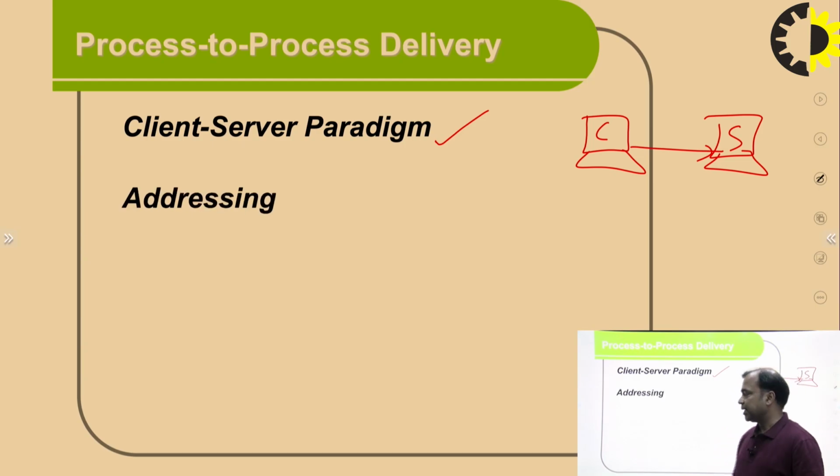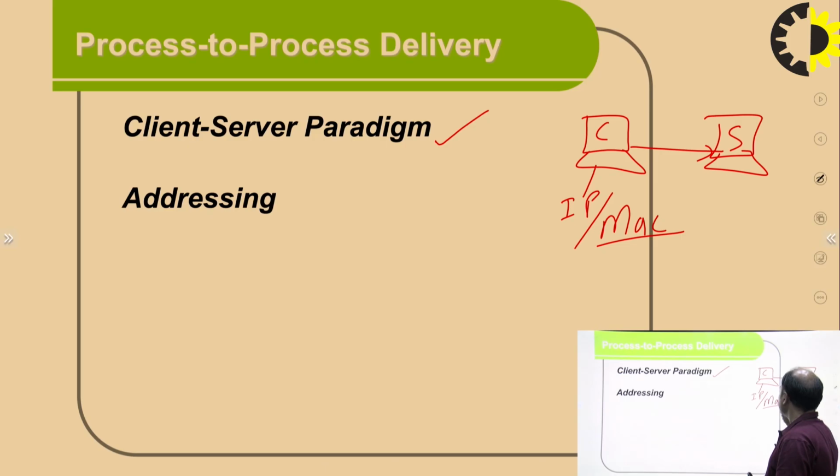Next, addressing. There must be some address. Every computer node in a network must have an IP address, and another important one is the MAC address. The MAC address is basically the physical address. The IP address is given by the ISP, the service provider, and the MAC address is given by the manufacturing company of that computer or node. So these two addresses are important, and process to process delivery is also responsible for addressing.